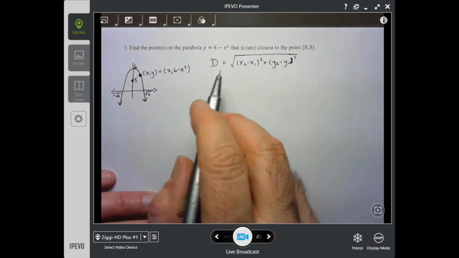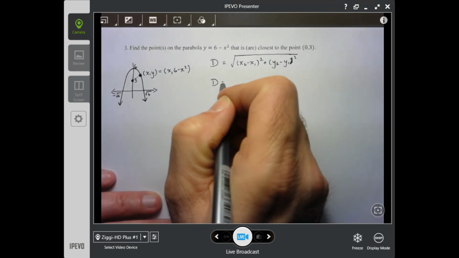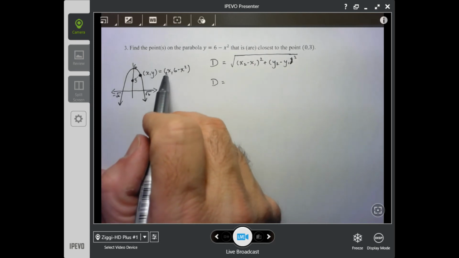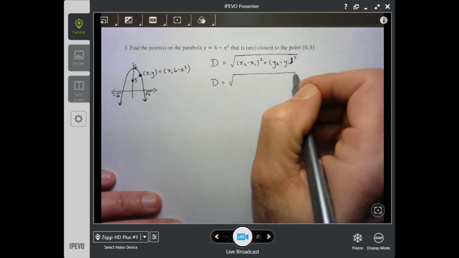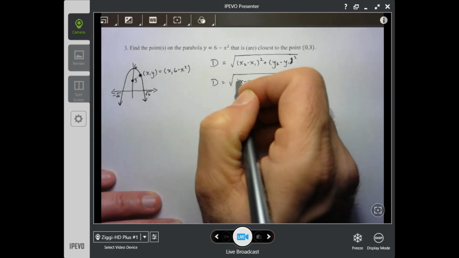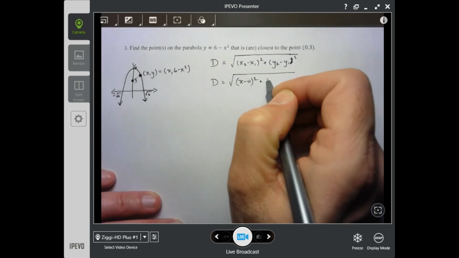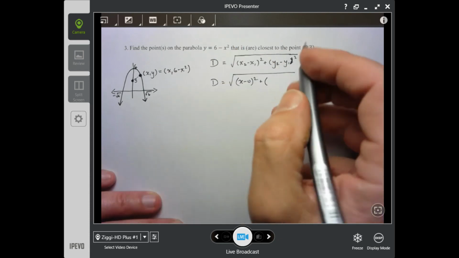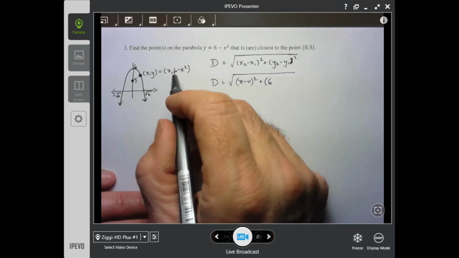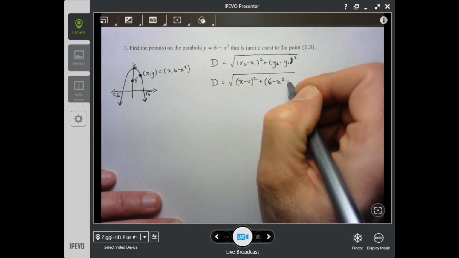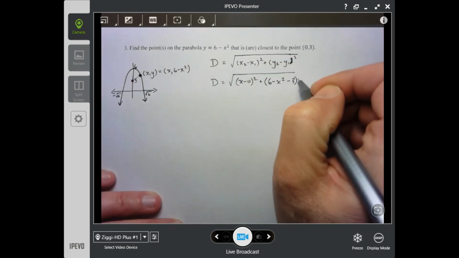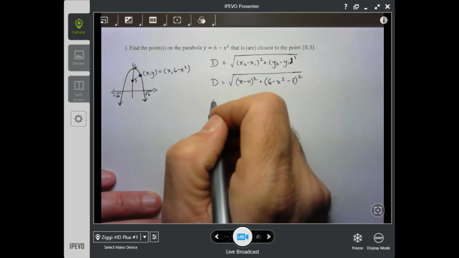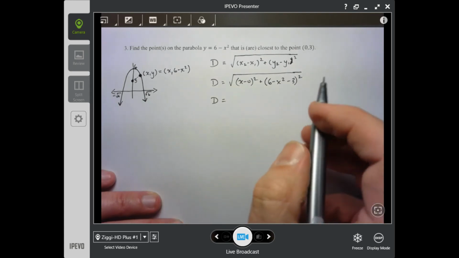All right, so let's now start inputting what we have. Well, we have our x value minus the x value here, which is 0, so I'm just going to have (x minus 0) squared here. And then plus, well, 6 minus x squared is my y value for this point, minus the y value of 0, 3, which of course is just 3. Okay, so let's clean this up and then see where we're going to go from here.